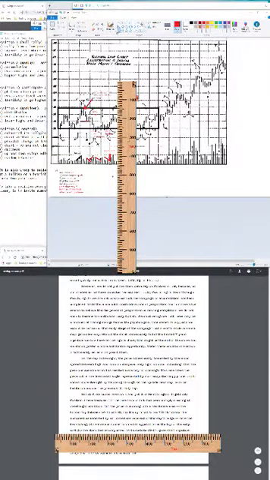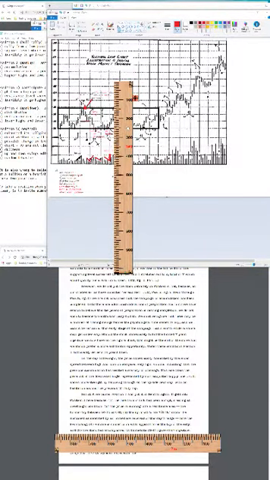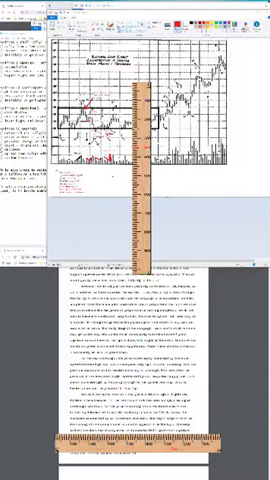And now I've got to put it back in position 3. So here at K, go back in position 3.